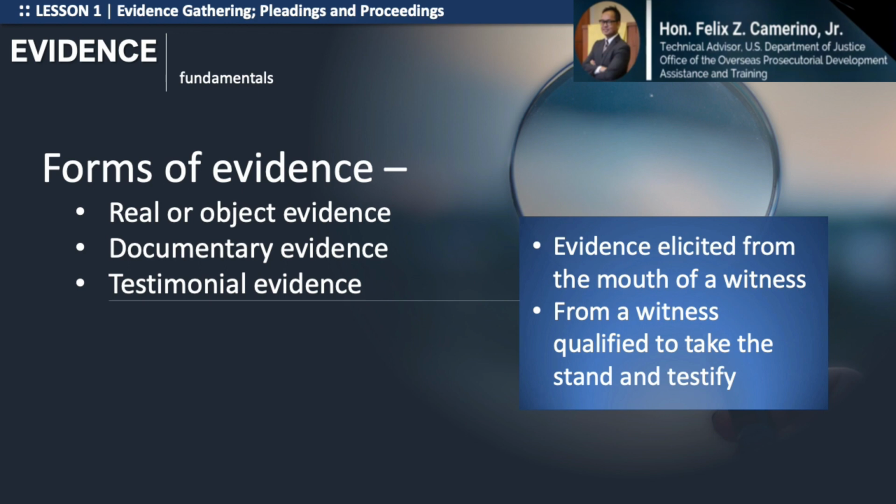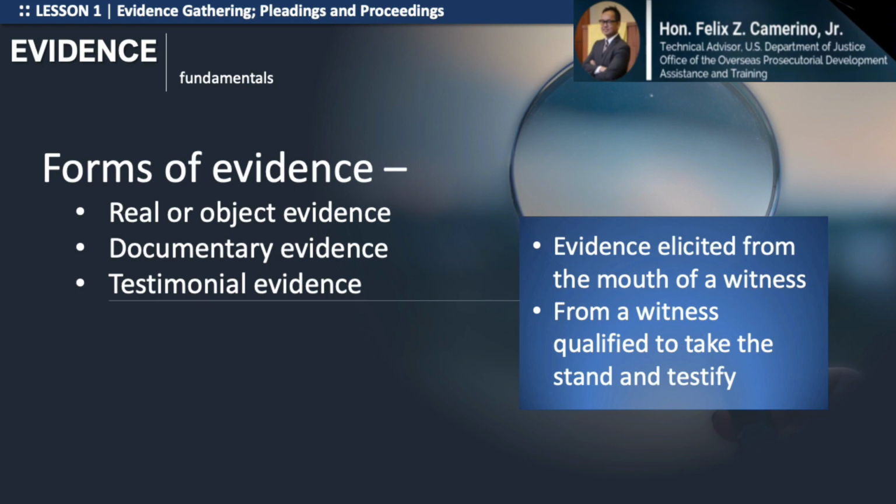It's elicited from them, which of course means that they're being asked questions, and then they would be responding based on their personal knowledge. Okay, so the only requirement for a witness to testify is that he is qualified to take the stand and testify.